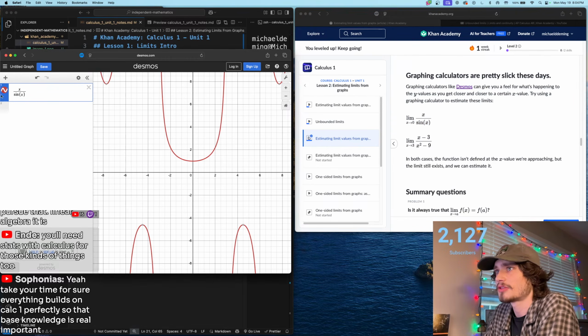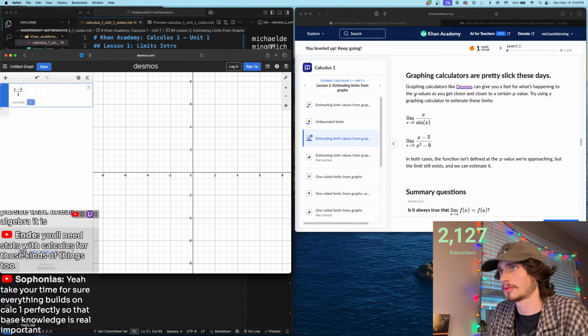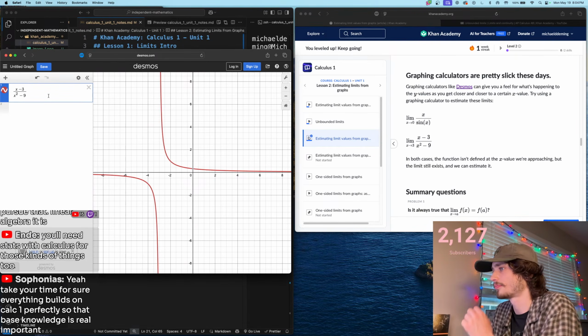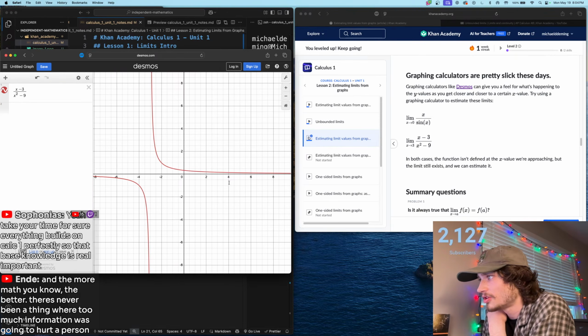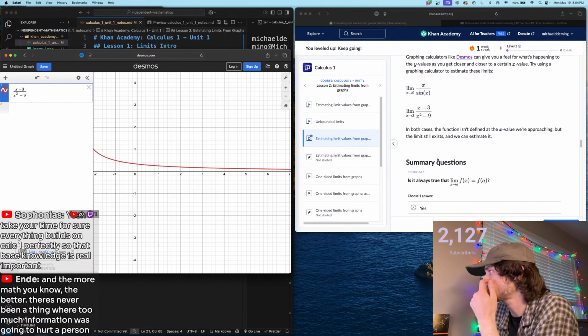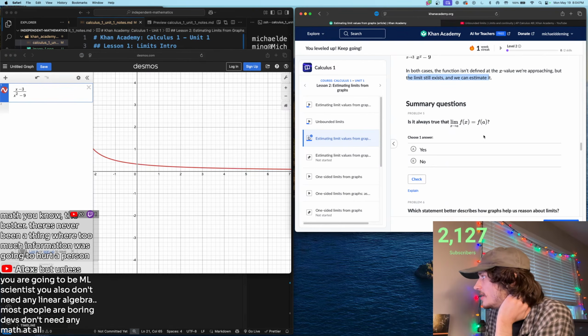And then for x minus 3 divided by x squared less than 9, as we converge onto 3, right, our limit looks like it's going to be about 1.664, something like that. In both cases, the function isn't defined at the x value we're approaching, but the limits still exist and we can estimate them.